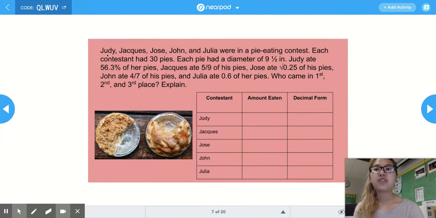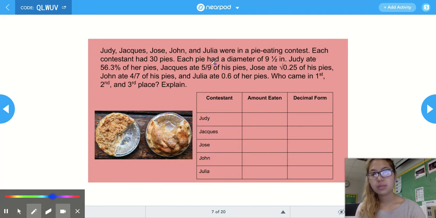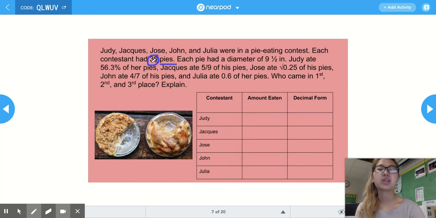So on to our first problem. Judy, Jacques, Jose, John, and Julia were in a pie eating contest. Each contestant had 30 pies. As I'm reading the problem, I'm annotating, which means circling the important numbers and underlining the important words.